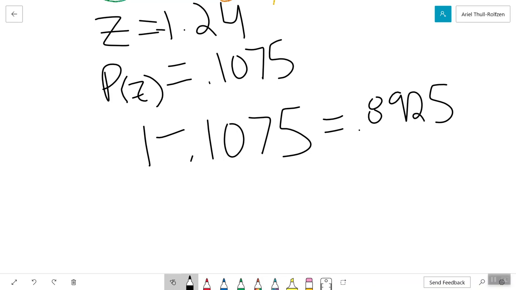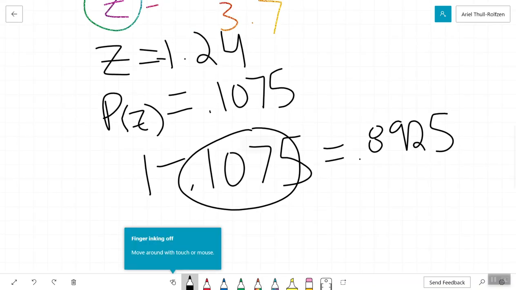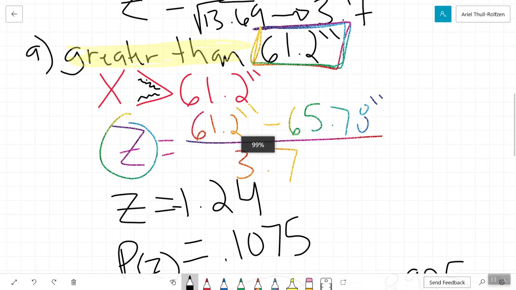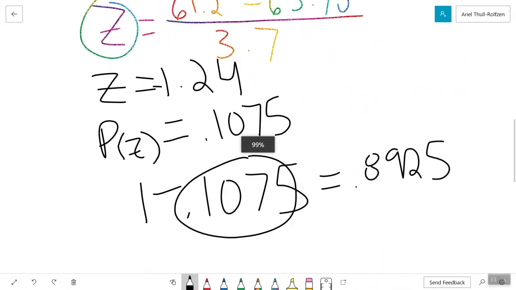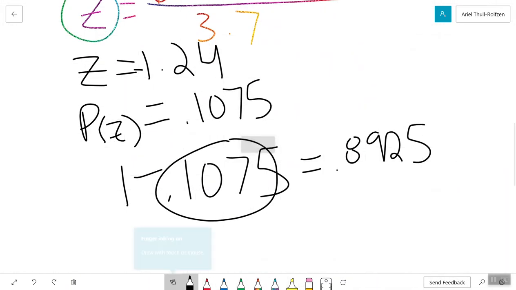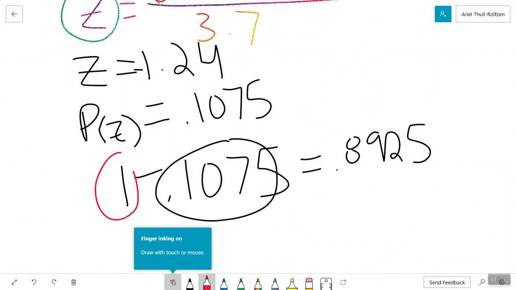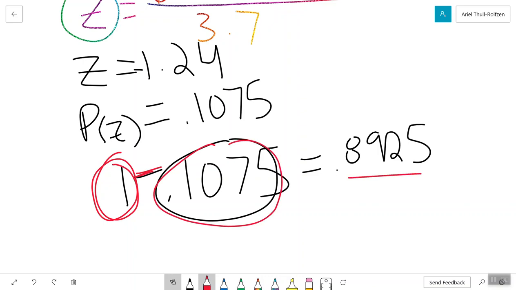So what we're doing is, when we solved and we got that 0.1075, we actually unknowingly solved for less than 61.2. And that's why, because we talked about that probability of 1. 1 is the highest probability, and if we subtract from 1, it's going to give us the opposite.